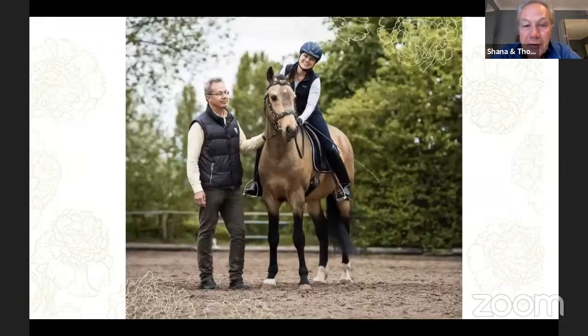And then here's Shanna with one of our horses. Yeah, he was young at the time still. We developed a system together.